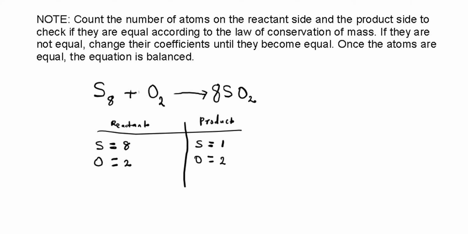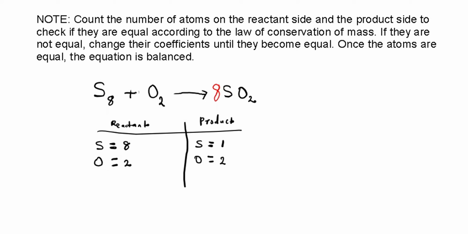I think I'll have to use another color. Okay, we've added 8 here. Now let's check again. Here, sulfur is 8. Let's check the product side. Sulfur is also 8 here. So it's balanced. Now sulfur is balanced.